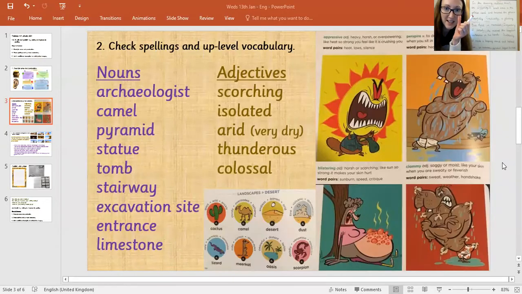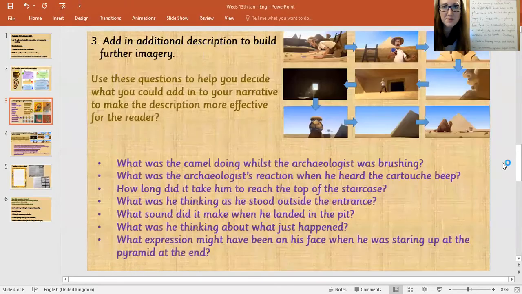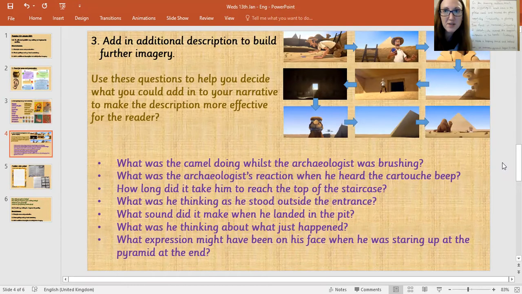Okay, right. Step number 3 then. So this is the part where we can start to think about if there's anything missing from our writing, make sure we've covered all of the key parts of our story with enough detail so that the reader can really imagine it in their heads. And we've included that fantastic description.